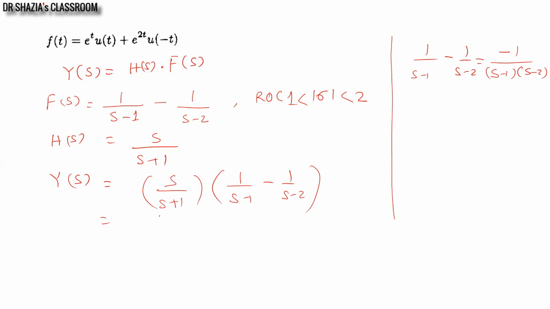So Y of s will be written as s by s plus 1 into minus of 1 by (s minus 1) into (s minus 2). Yes, so I have to compute the response of the system.